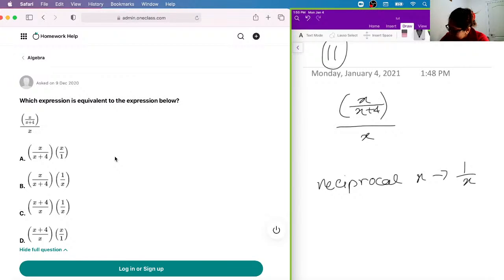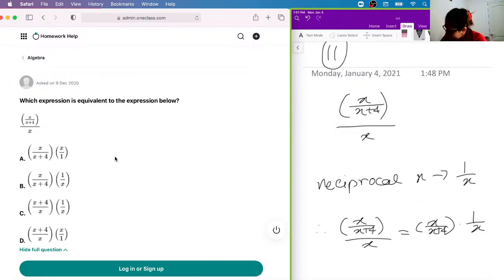So we multiply that with the numerator. So you just multiply x over x plus 4 times 1 over x. Okay?